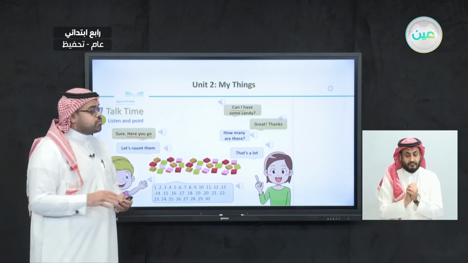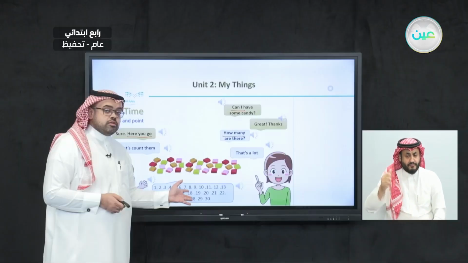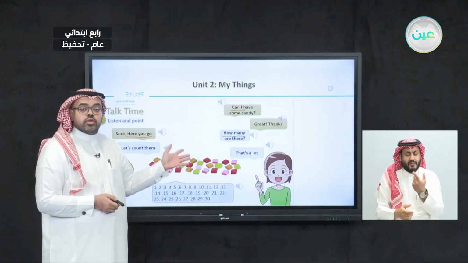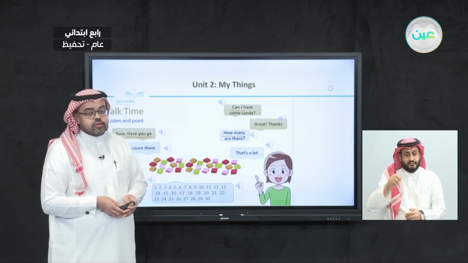Not only this, but also the other question we practiced, which is, "How many are there?" And we said when we ask this question, "how many," we are usually looking for a number. Like, how many candies do we have here? We have 30 candies. And how many books do you have in your bag?